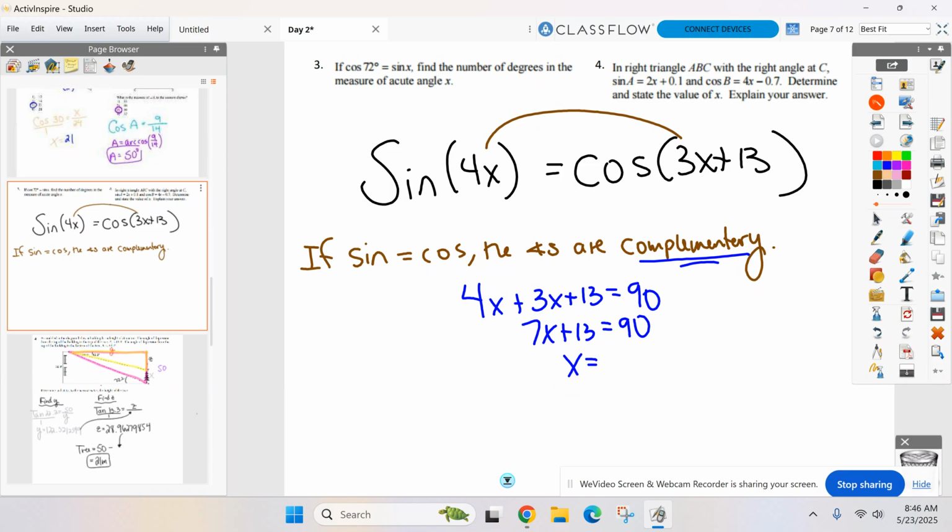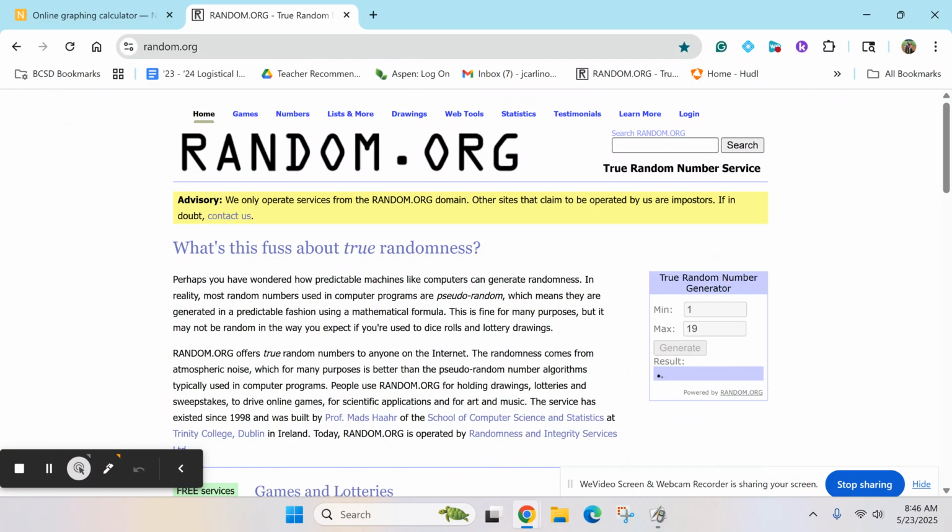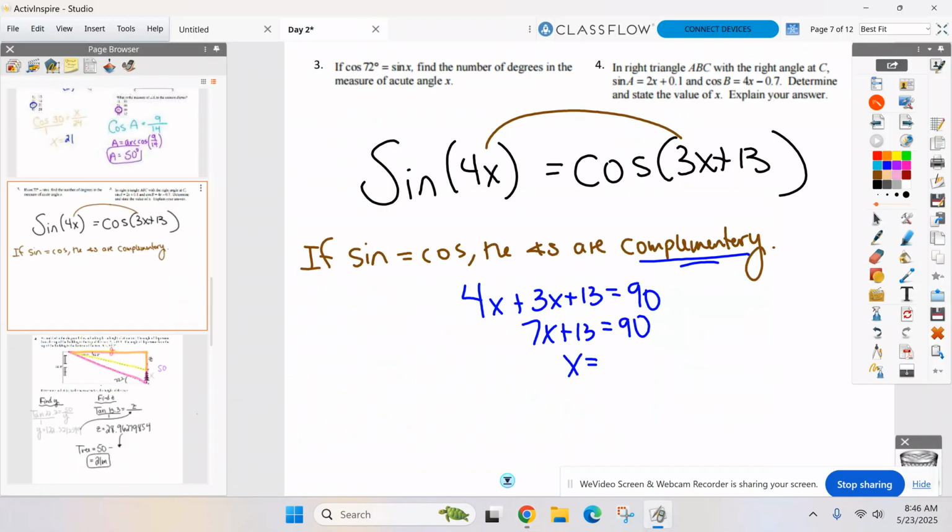And I got to talk about a big trap that the Regents loves to do to kids. When you have the value of x, Mia, let me know. Yep.